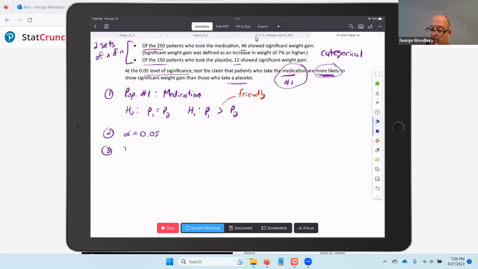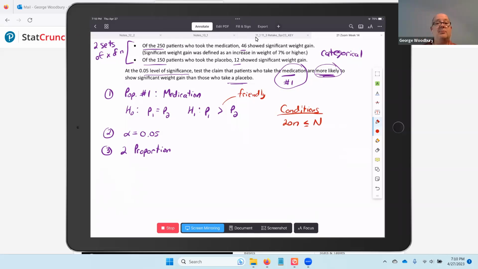Third step, it looks like a two proportion test, but there are two conditions that we need to check for both the patients getting the medication and the patients getting the placebo. The first one is that 20N condition.